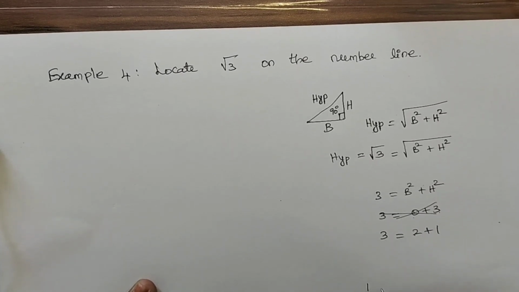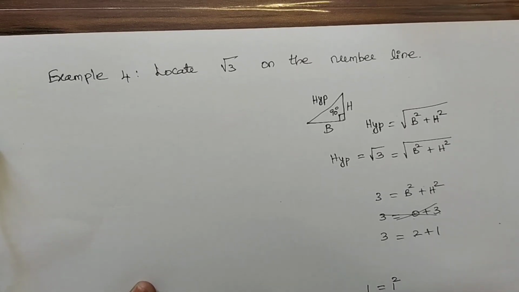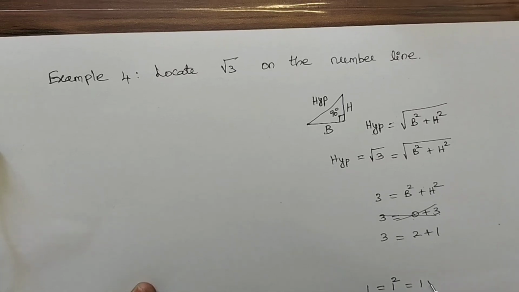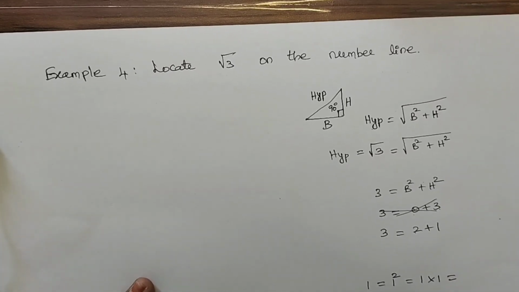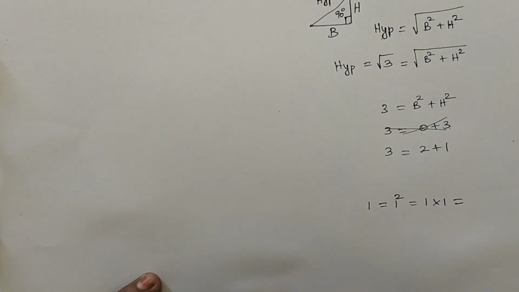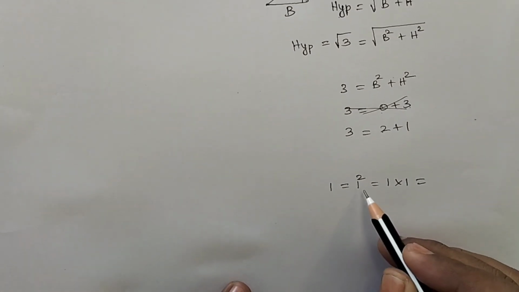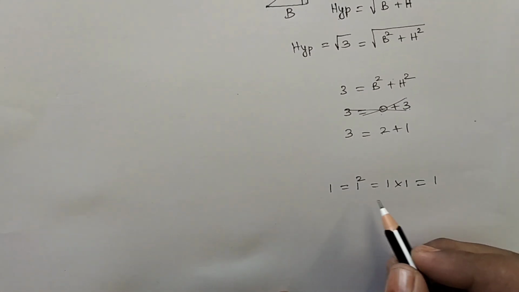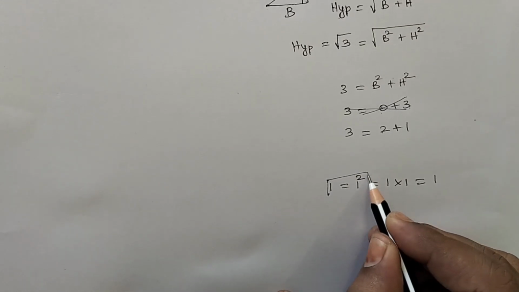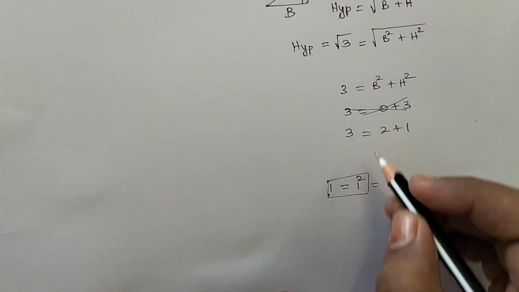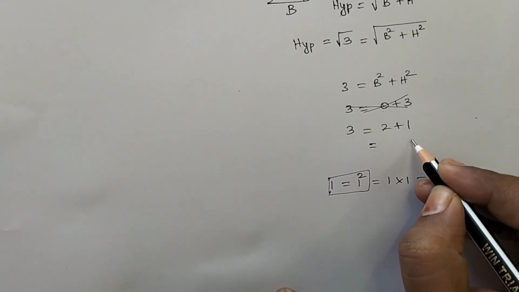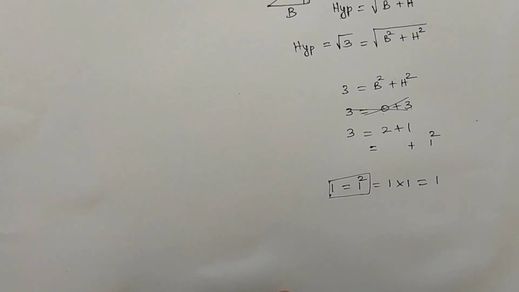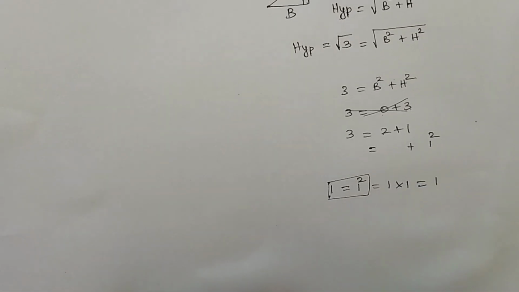I know that 1 can easily be represented as 1 square, because 1 square is nothing but 1 into 1, which is 1. So I can easily write 1 as 1 square. The second value, 1, I can also write as 1 square, because 1 square is equal to 1.